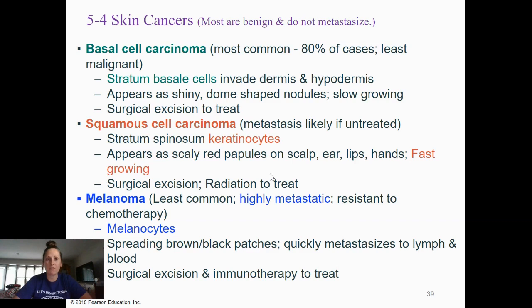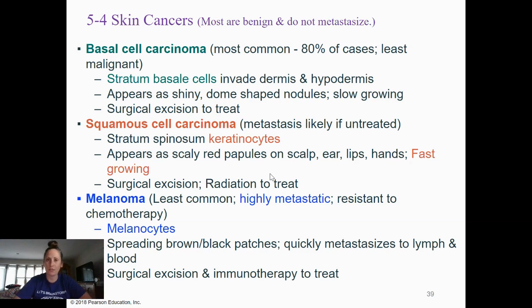So the majority of skin cancers are basal cell carcinomas, which is the first cancer listed there. About 80% of skin cancer cases are basal cells, and they are the least malignant. Malignant means bad, so they're the least bad, and they don't metastasize.